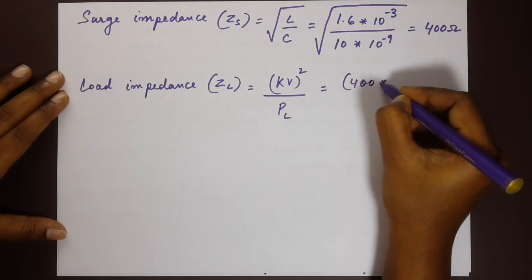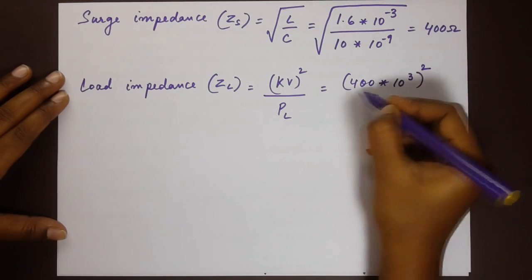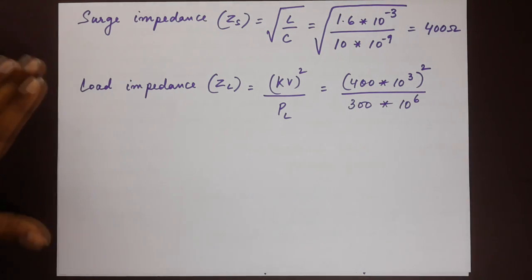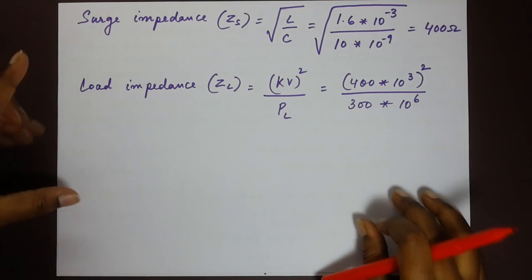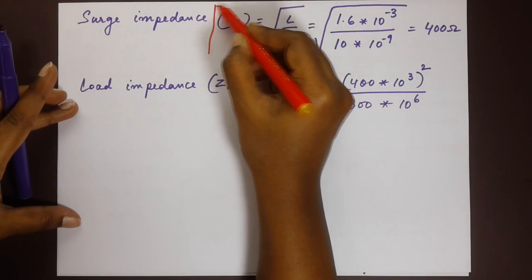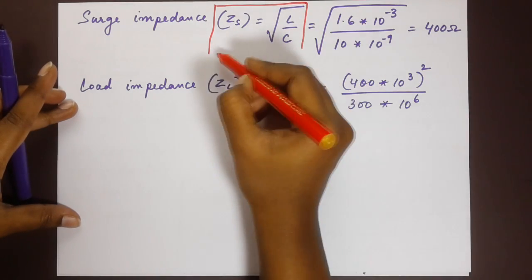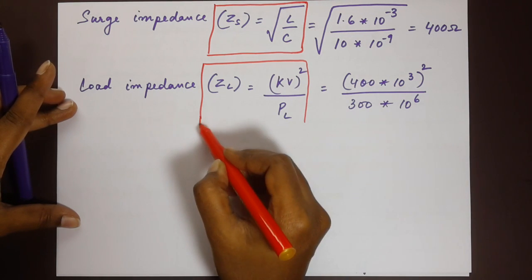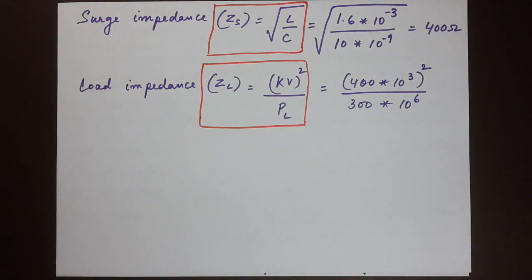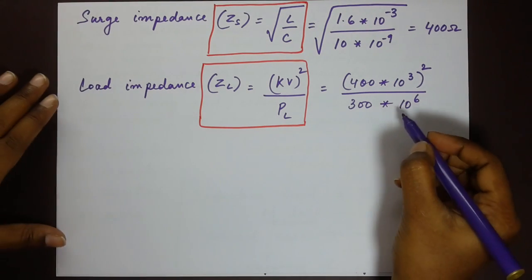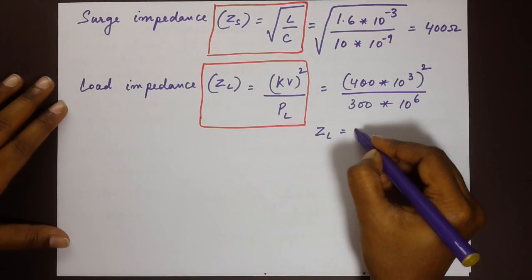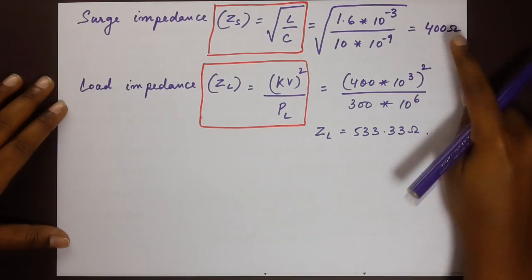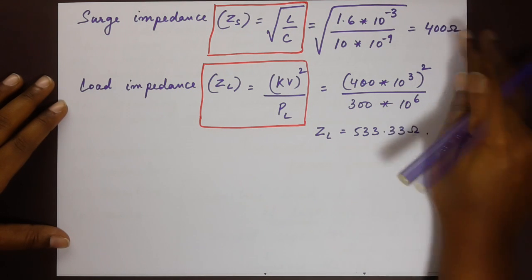So (400 × 10^3)^2 divided by 300 × 10^6. All these formulas you will have to remember. It's good to keep in mind the surge impedance formula and the load impedance formula as well. Okay, so calculating the load impedance, we get a value of ZL equal to 533.33 ohms.